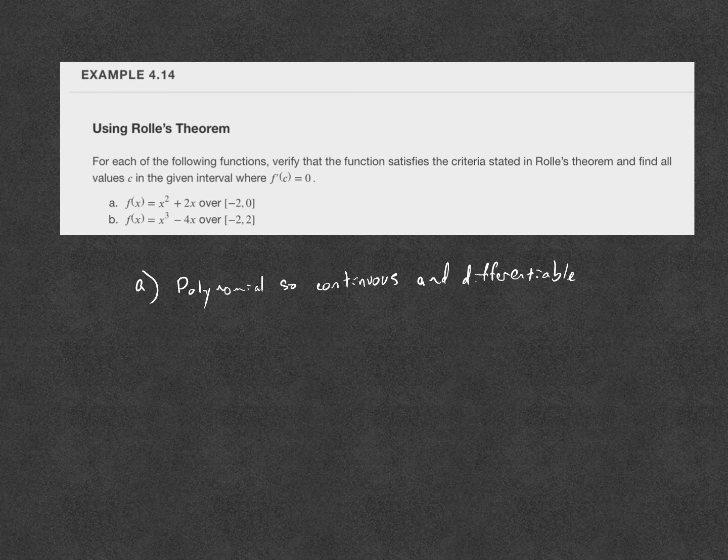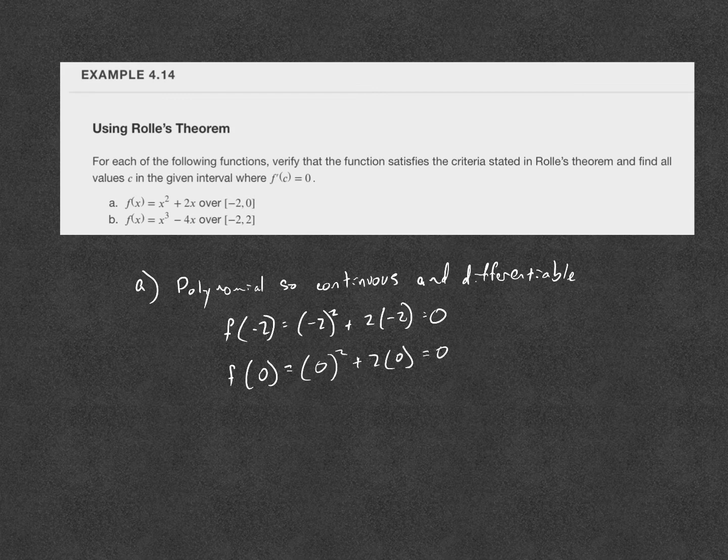And then the extra condition, if I test each endpoint of the interval, f of -2 is -2 squared plus 2 times -2. -2 squared is 4 minus 4 is 0. That has to be equal to f of 0. 0 squared plus 2 times 0, also equal to 0.